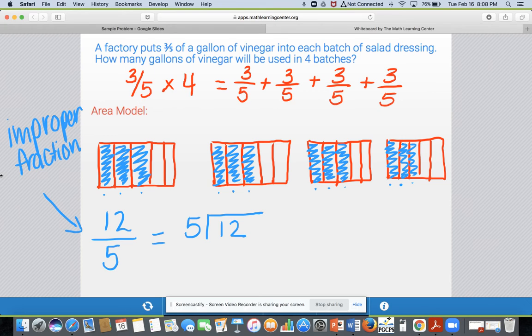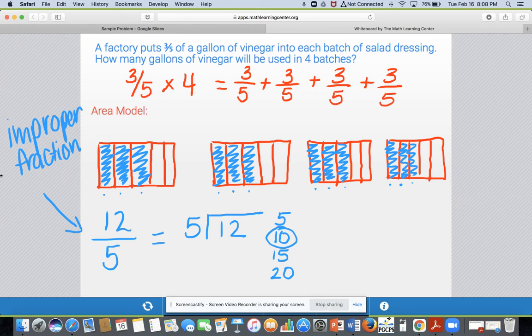If not, list your multiples. 5 times 1 is 5, 5 times 2 is 10, 5 times 3 is 15, 5 times 4 is 20. Now, which one of my multiples can get me super close to getting to 12, but not over it? I see that 10 will be my closest multiple. I can't use 15 because that's over 12.